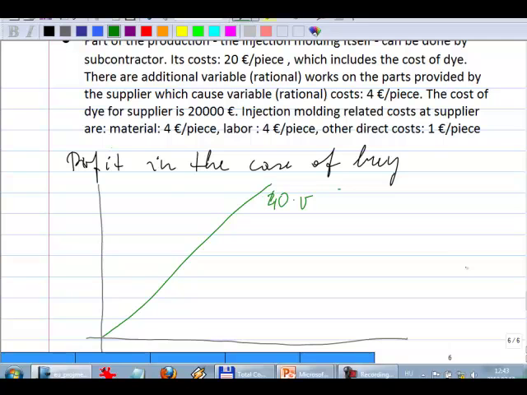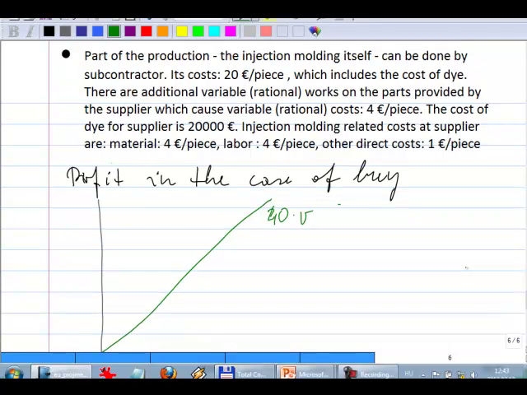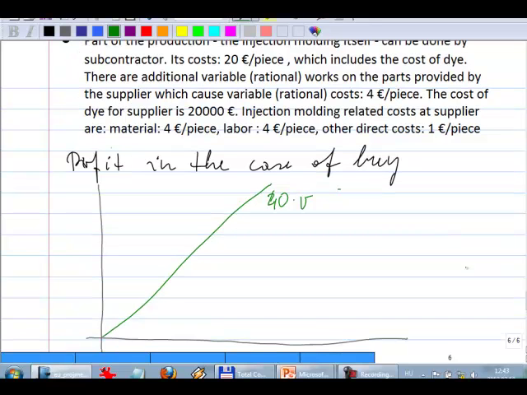How much would be our fixed cost? If we buy nothing, it means that our cost line starts also at zero.